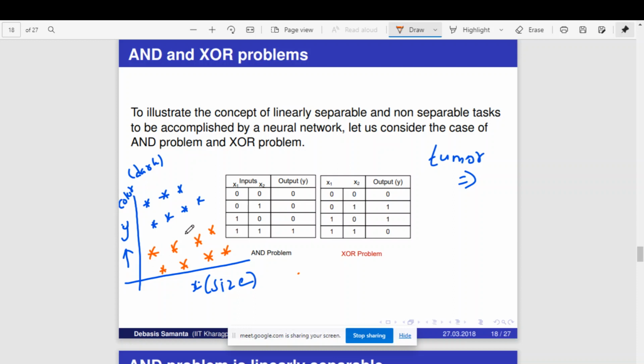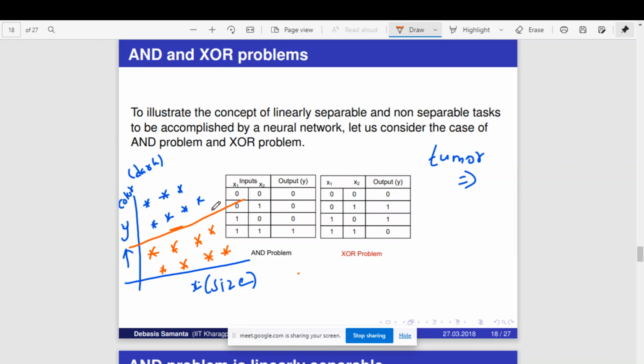Like that we studied some individuals, and these are the individuals who have a tumor that has led to cancer. Now my question is, is this data linearly separable or not? Where can I draw the line?